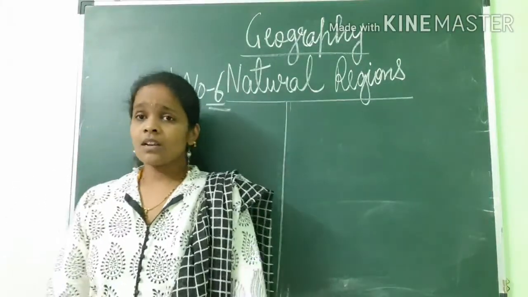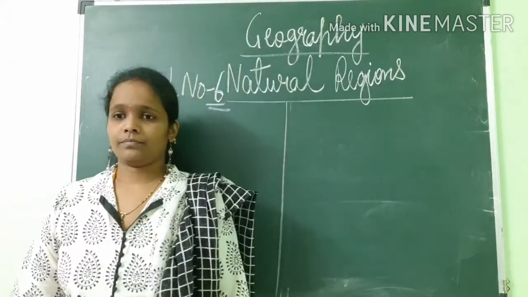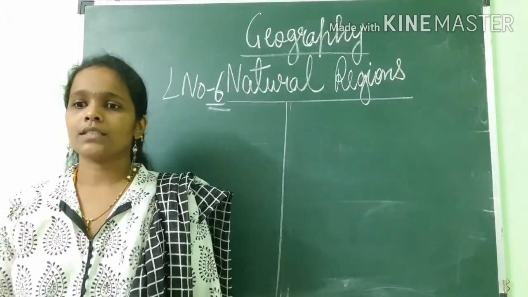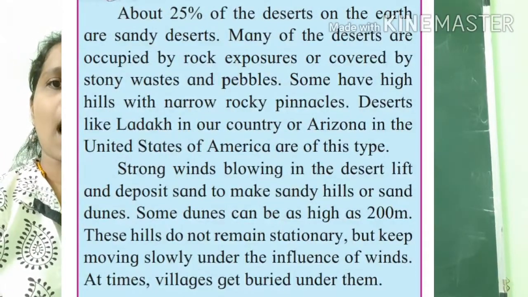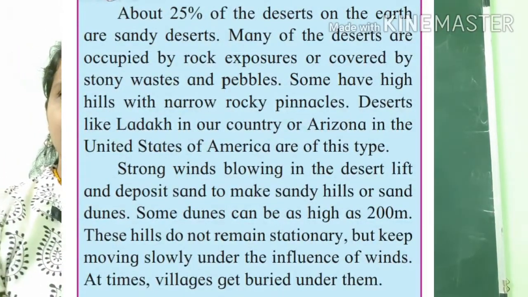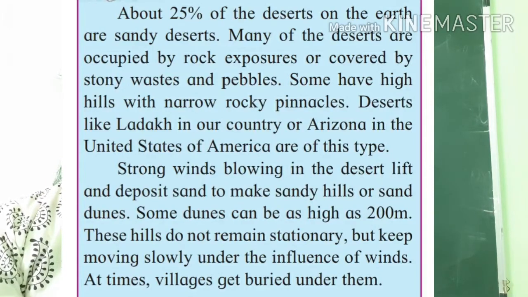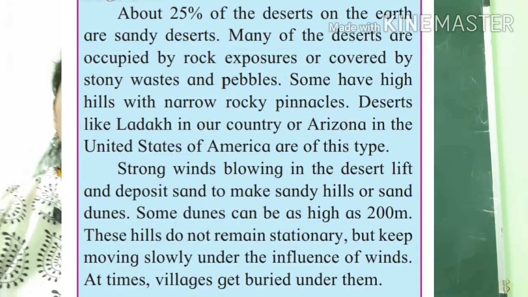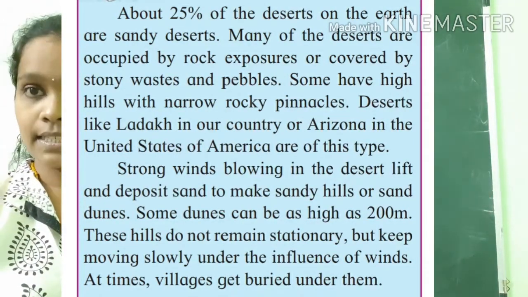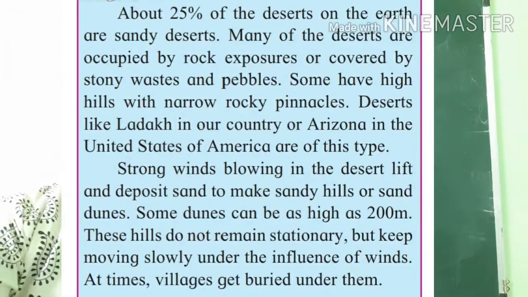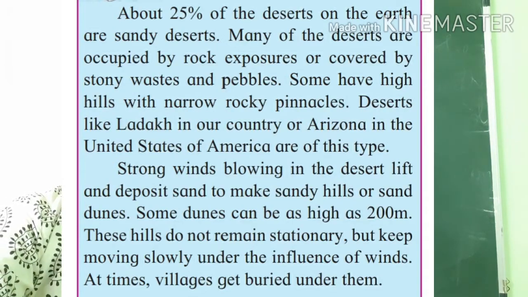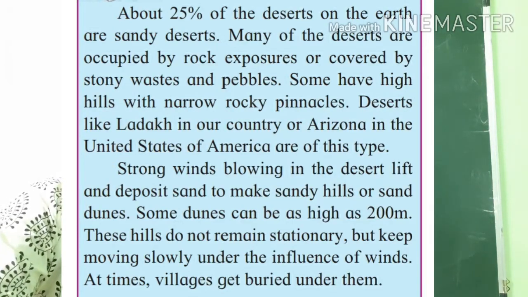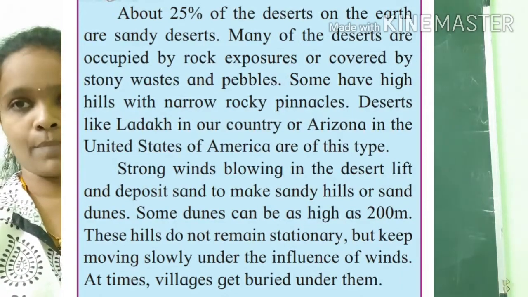Then, last one, do you know about 25% of the deserts on the earth are sandy? Many of the deserts are occupied by rock exposure or covered by stony waste and pebbles.